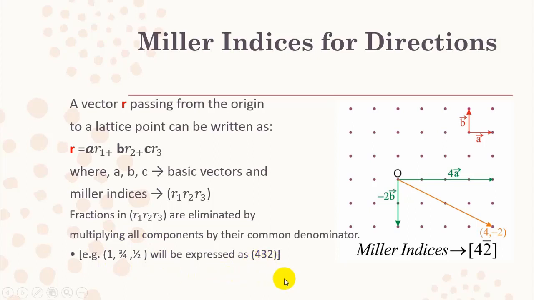If we multiply this whole list, 1/4, 3/4 and 1/2, by 4, we get the simplified integer form. Here r1, r2, r3 can also be replaced by the Miller indices h, k, l.